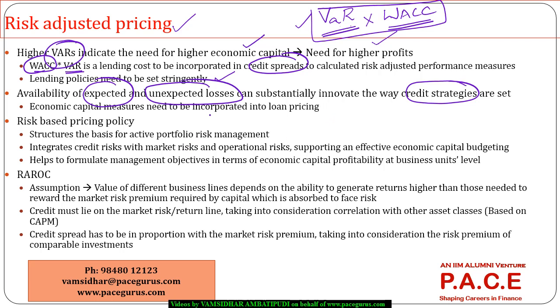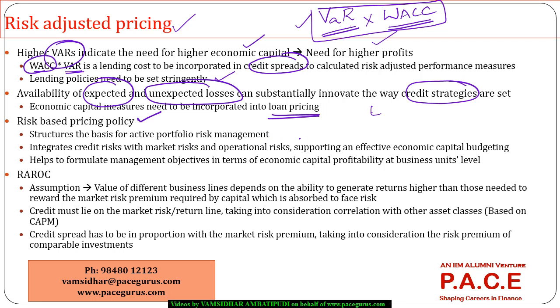And any amount that we are talking of as an economic capital, which is the difference between the unexpected and the expected loss, needs to be incorporated into the loan pricing itself, because we know that much capital needs to be a backup for the same. So whatever is the economic capital has to be considered as a part of the loan pricing policy. Now this is what we are calling risk-based pricing.